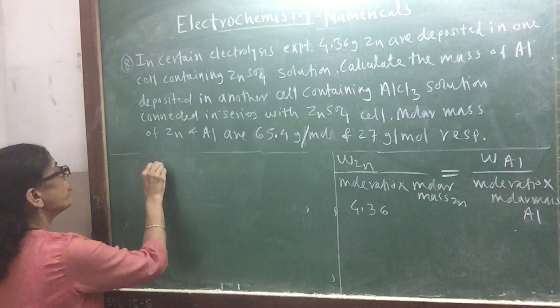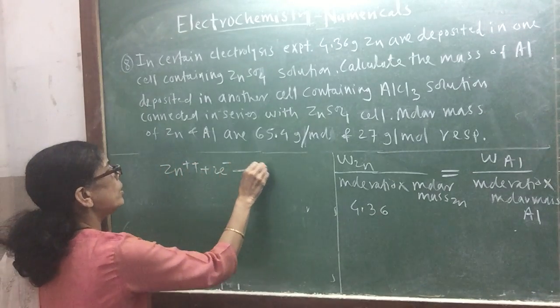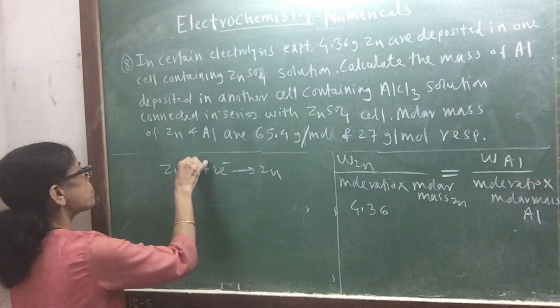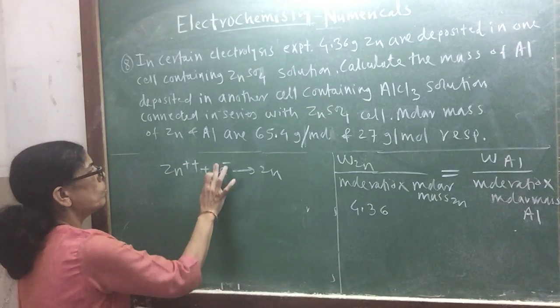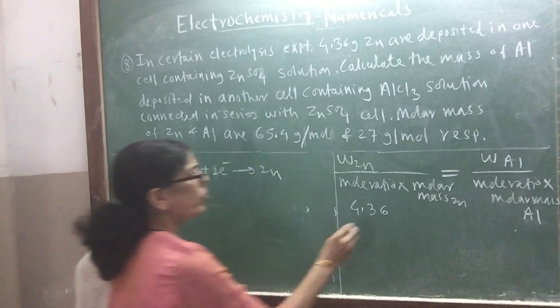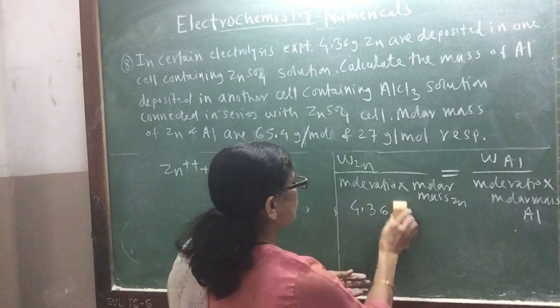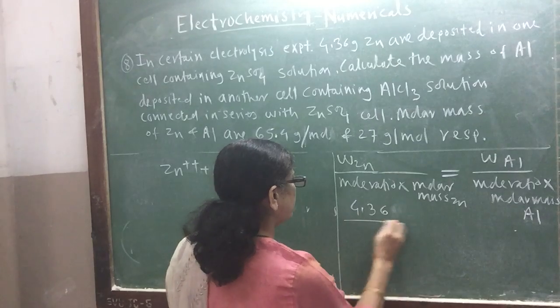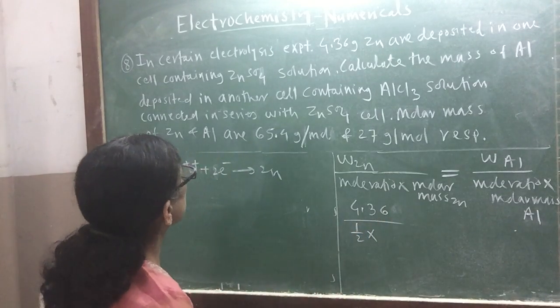So it will be Zn2+ plus 2e- giving Zn. So the mole ratio will be 1 by 2. So upon 1 by 2 into the molar mass of zinc, which is 65.4.